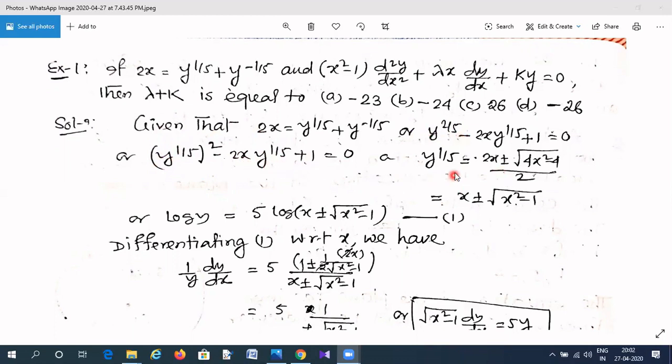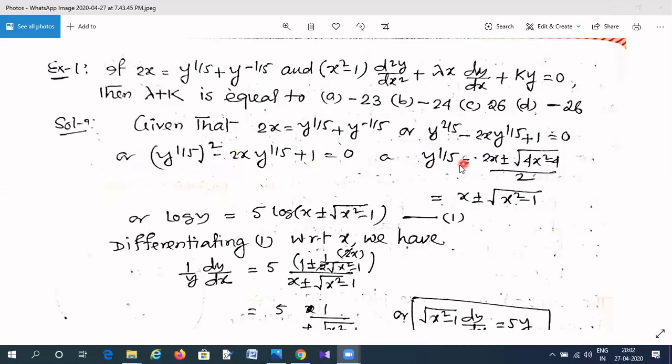So applying the Sridharacharya rule, we get y to the power 1/5 is equal to minus b plus minus root over b square minus 4ac, by 2a. Here a is equal to 1, if we compare it with a times (y to the power 1/5) whole square. So a means 1, b is equal to minus 2x, and c is equal to 1.